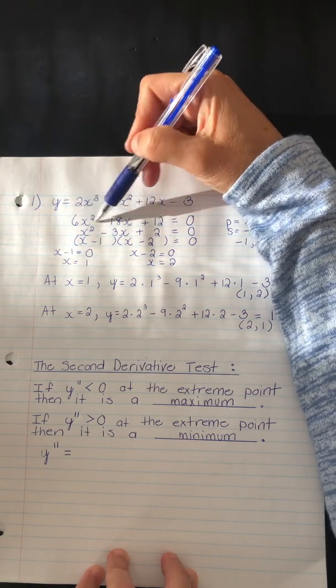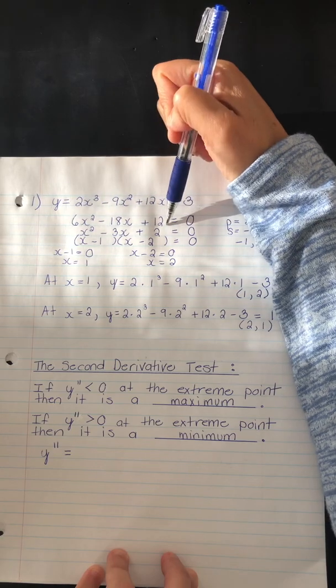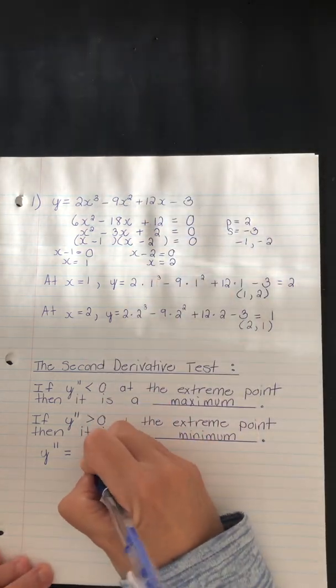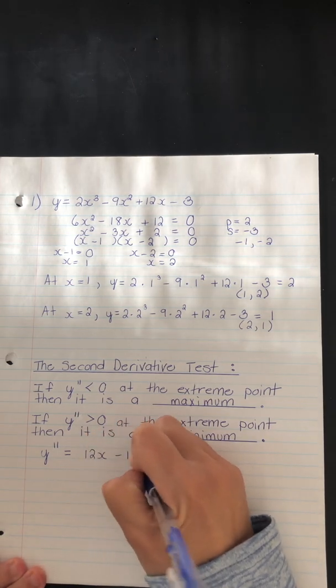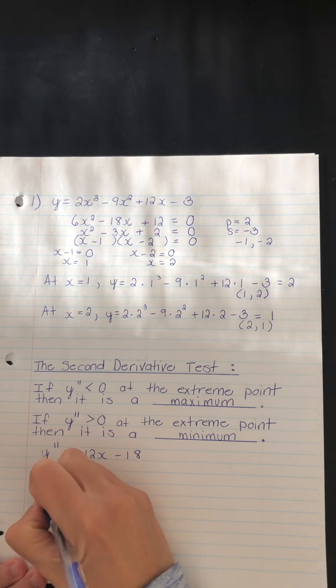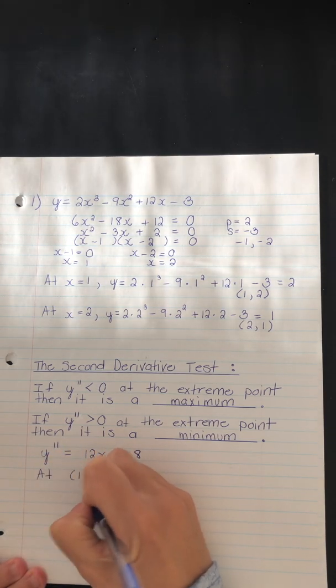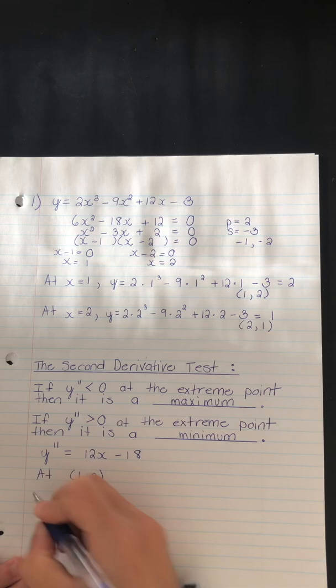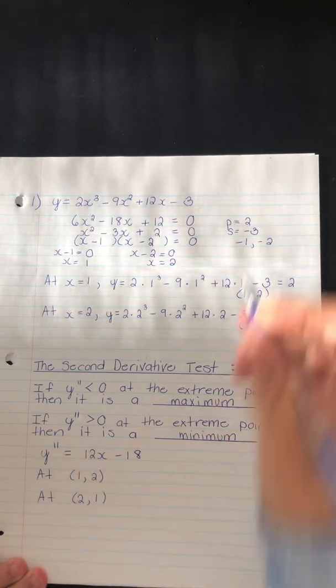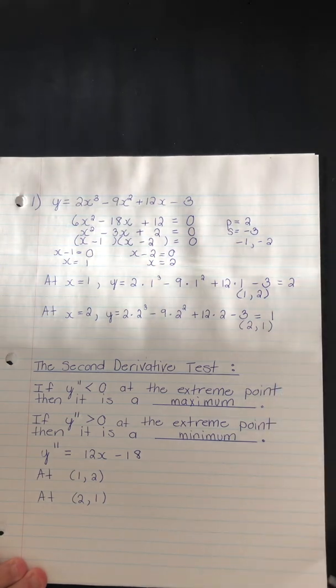So its derivative, therefore, is 12x minus 18. So that's the second derivative. So now what we have to do is evaluate it at the two extremes. So we're going to evaluate it at the points we found here, at (1, 2) and (2, 1).